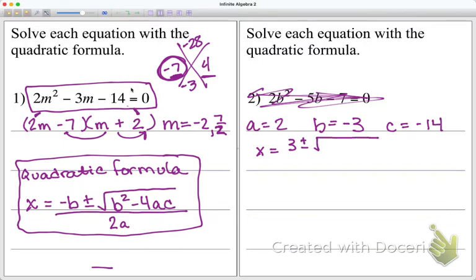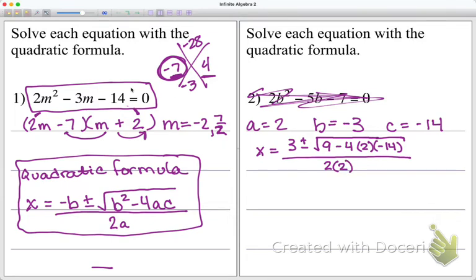Well, b squared, so negative 3 squared is 9, minus 4 times a, which is 2, times c, which is negative 14, divided by 2 times a, which is 2.